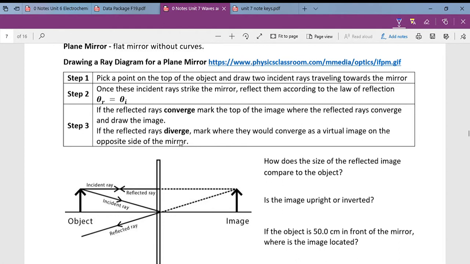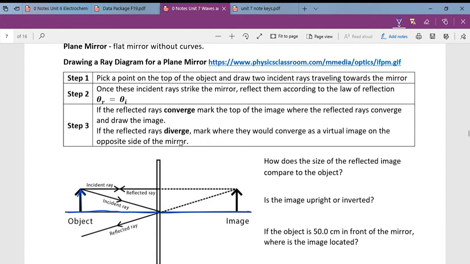If you look at this diagram here, I have an object, which is here. And I'm always going to have the object sitting on this line, because wherever this line is going to be is the bottom of your reflected image. And then what you're going to do is draw at least 2 incident rays and see what happens to the reflected rays.